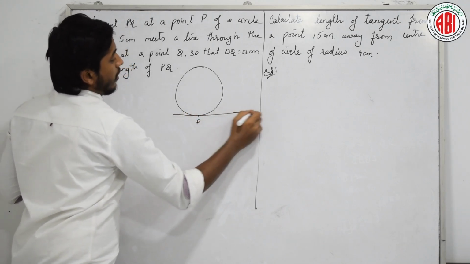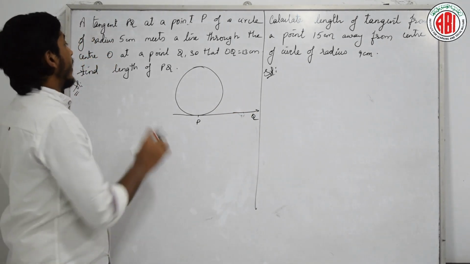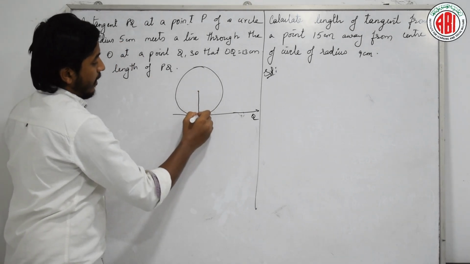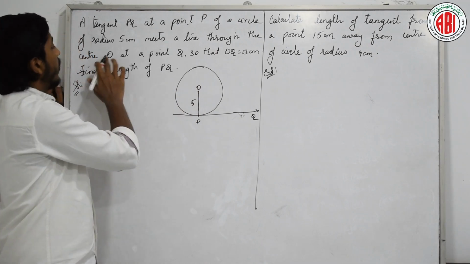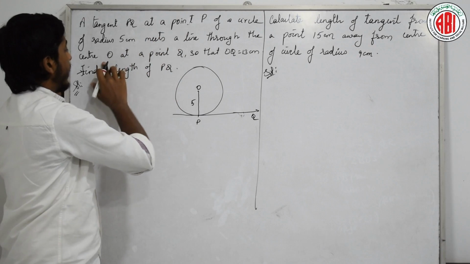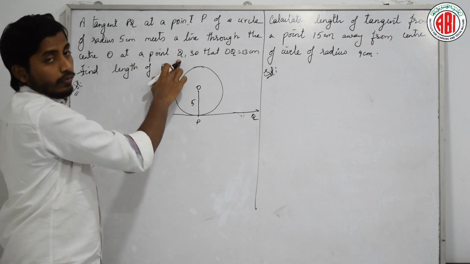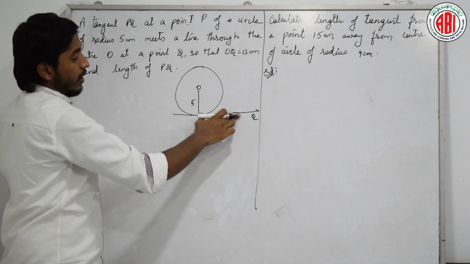Let us draw it very widely. Okay, then of radius 5 centimeters, let us say its radius is 5 centimeter from O. Okay, meets a line through center O at a point Q. Okay, this line meets a point Q.